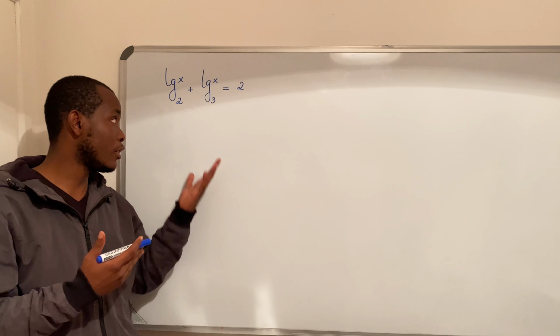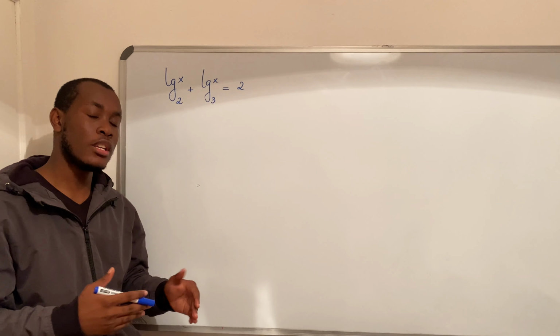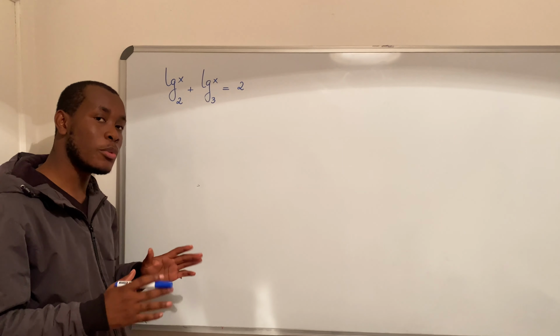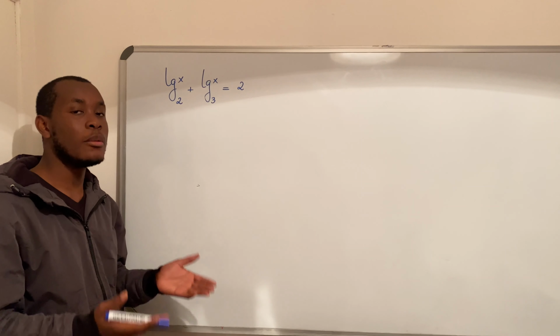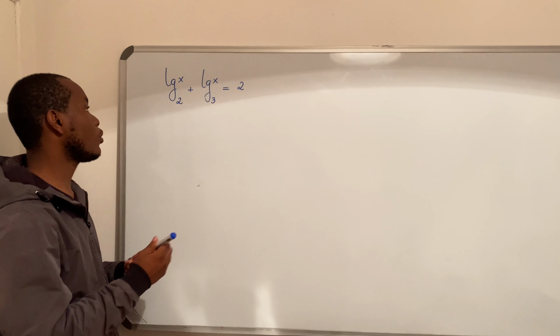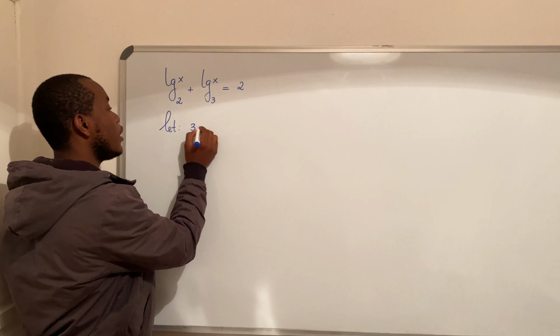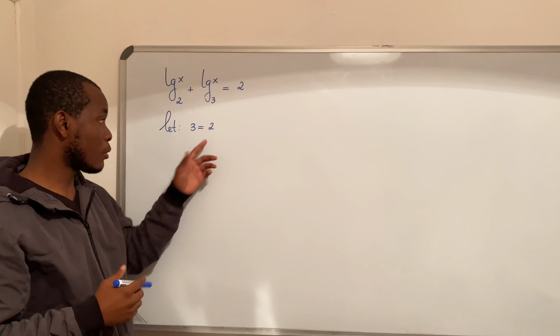If it was 4, we would say 4 is 2 to the power 2. If it was 8, it's 2 to the power 3. But in this case, it's totally opposite because 3 is a number we can't literally write in base 2. So let us let 3 be equal to 2.